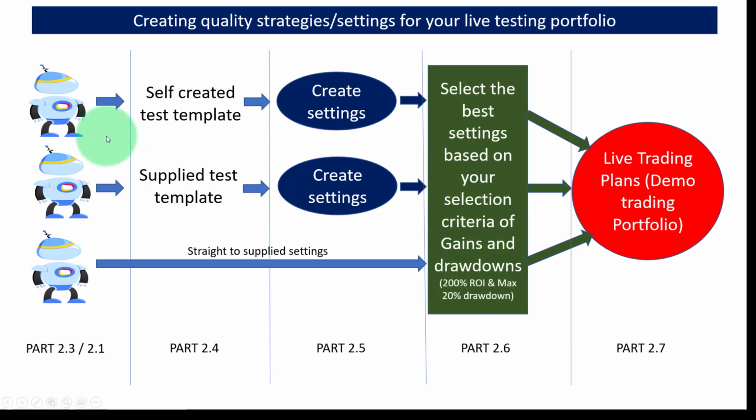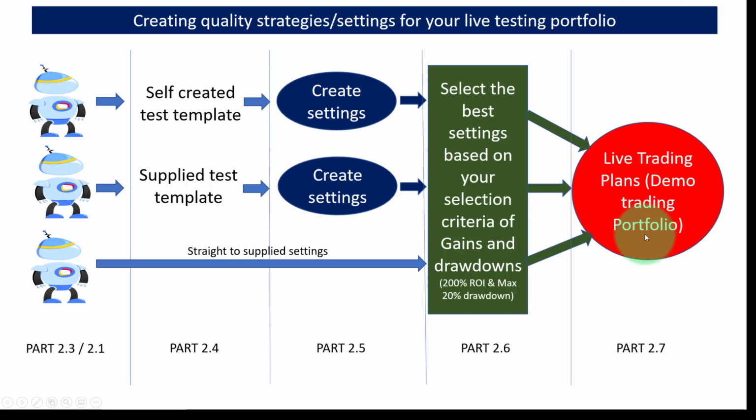And it doesn't matter where you've started, you can use that filtering process with all the settings that you have available to you. And once you've done that filtering process, you can then decide the very best ones to feed into what we call your live trading plan or a demo portfolio.